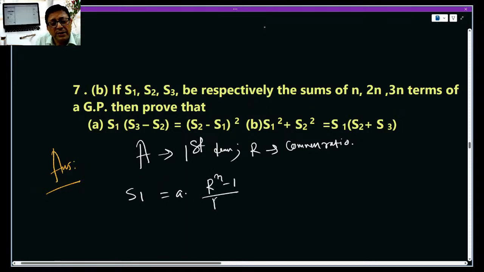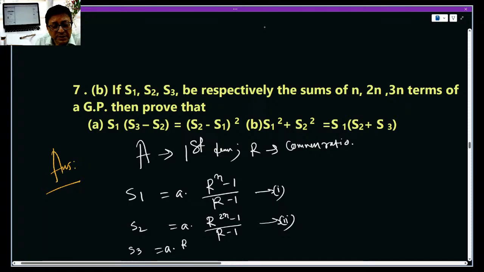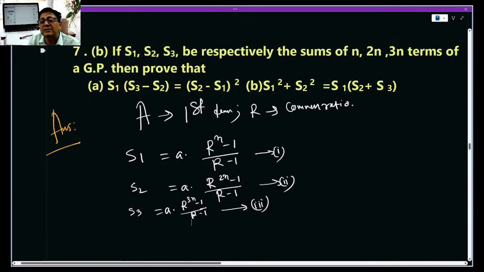A into R to the power n minus 1 by R minus 1. S2 is what? A into R to the power 2n minus 1 by R minus 1, the sum of 2n terms. And S3 is A into R to the power 3n minus 1 by R minus 1. Okay, these are all given. What you will do there, as this is a descriptive one, MCQ also may be given which option is correct.